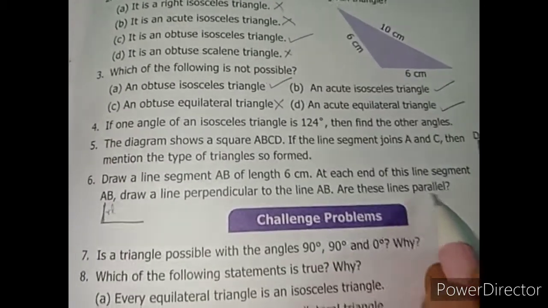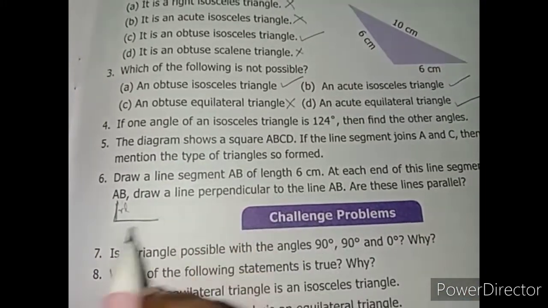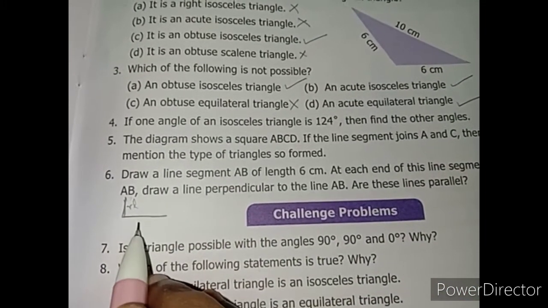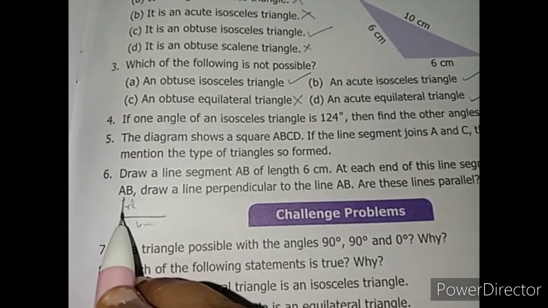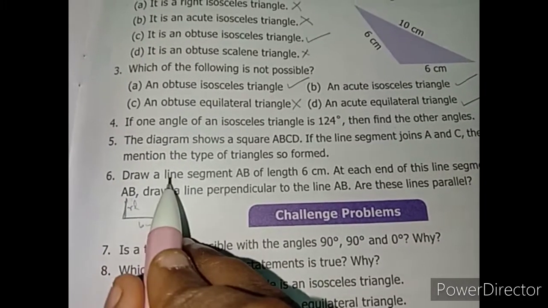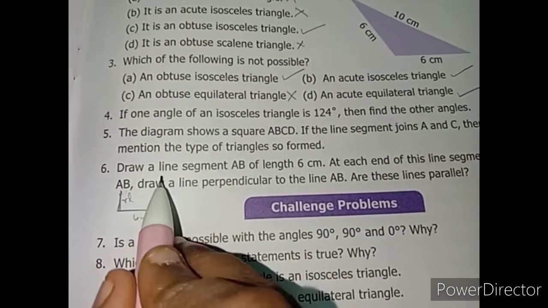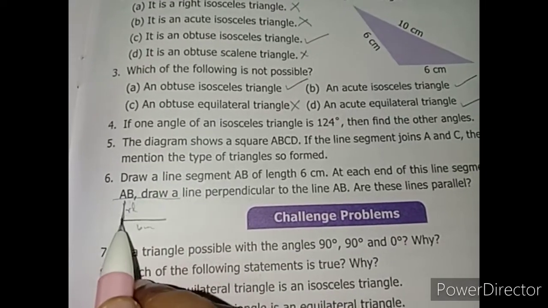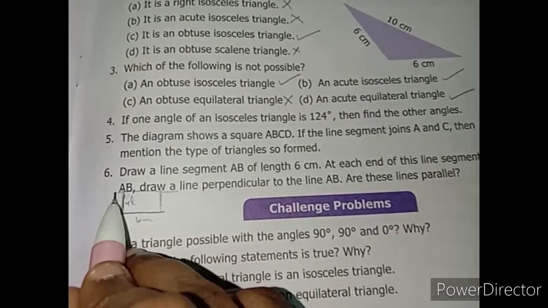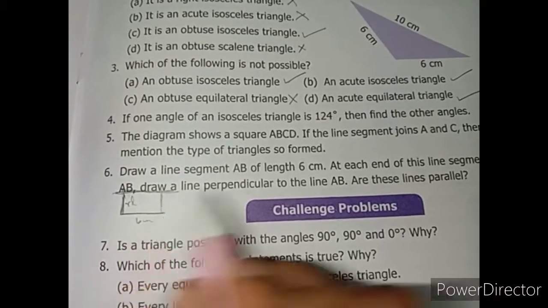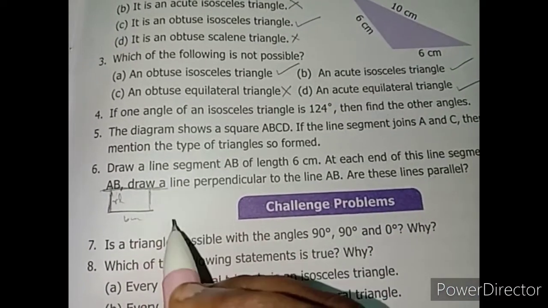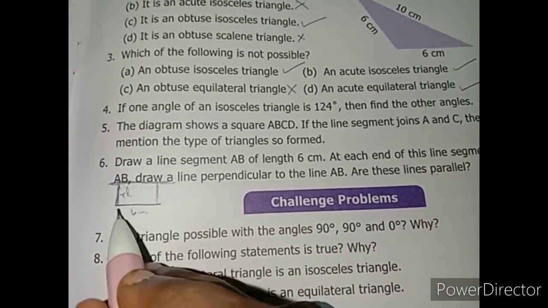So we have to draw a line segment AB which is equal to 6 cm, and we have to draw lines perpendicular to A and B. When you join it, we have to find whether they are parallel to this line segment AB.